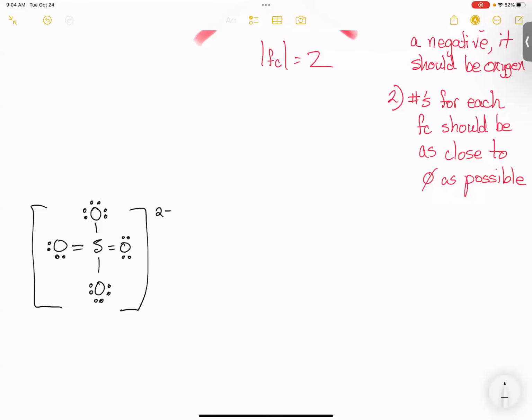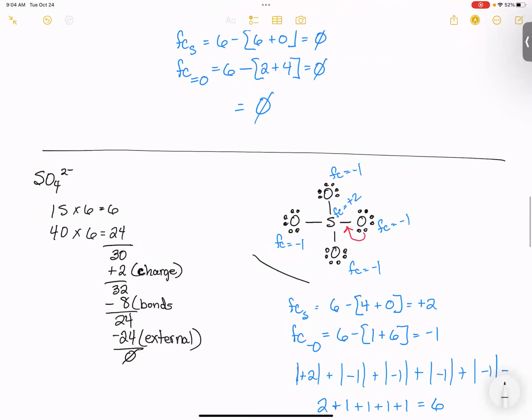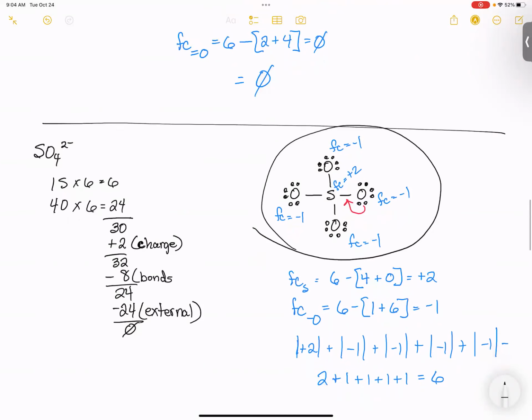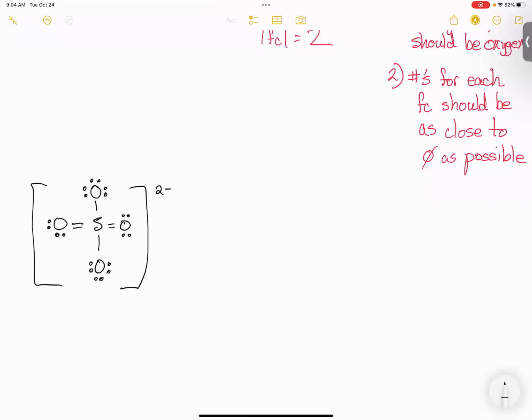They're all the same. I mean, if you go back to our original structure, all the oxygens looked identical. So why the right and the left? Probably because I'm right-handed.